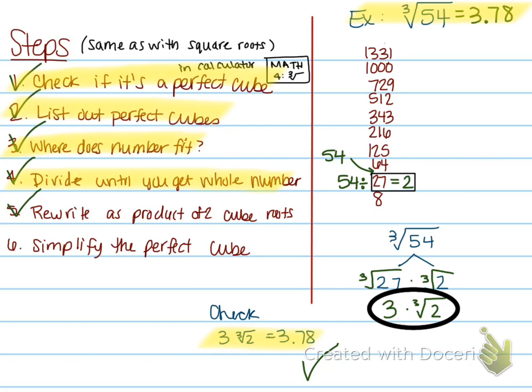I rewrote it as 27 times 2. Make sure you put both 27 and 2 in the cube root symbols. My next step was to simplify my cube root, so I simplified the cube root of 27 into being 3. Always remember to check your answer. I checked, it got the same decimal, so I know I did my problem correctly.